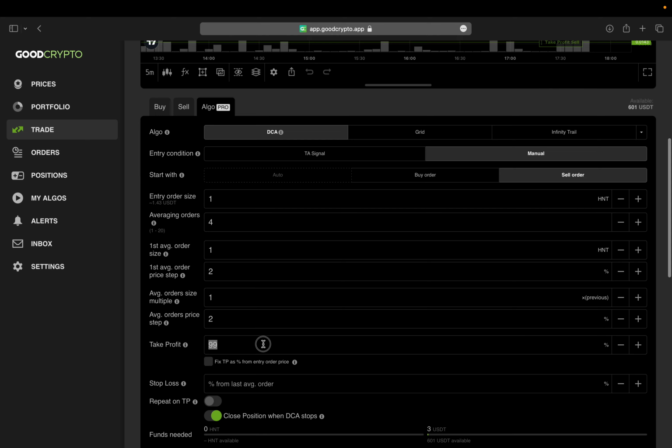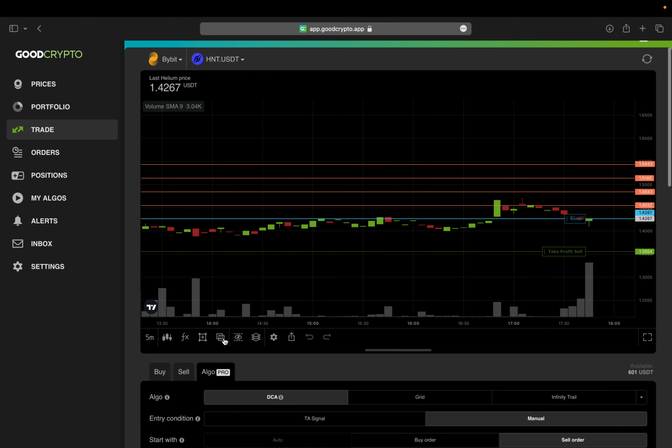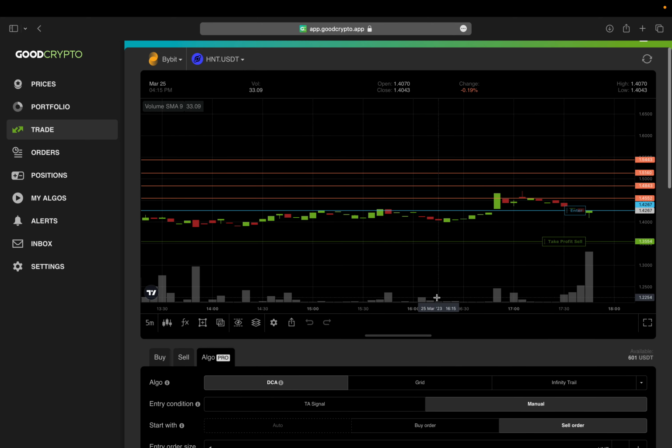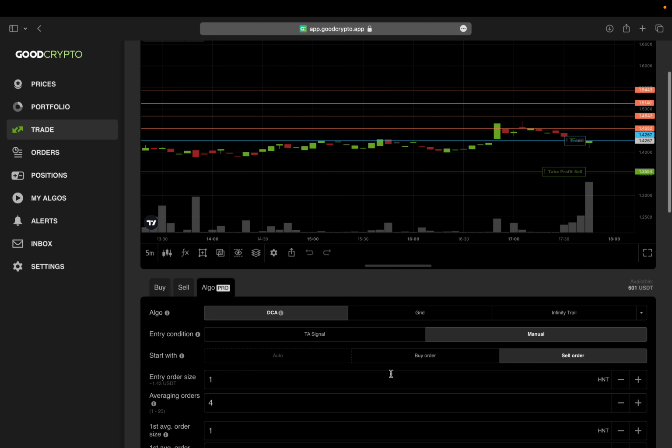So let me put take profit in a reasonable range so we can see something on the screen again. So let's go a step back. The first use for manual mode is to buy or sell some asset with additional safety orders, and after take profit and stop loss, which adjust automatically.